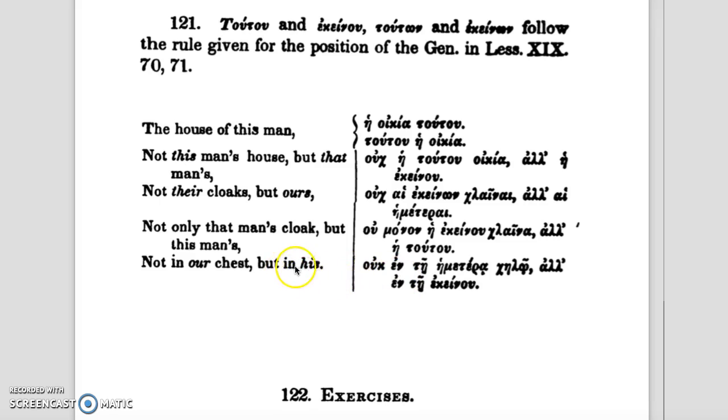Because you would just say in his, you could say in afto, in him, or in aftu, in of him. But we're going to do in the, and when we say in the is doing all the work of te kelo, except we're leaving out the kelo. So we would understand in the chest, ekinu, of that man. So in te ekinu means in the chest of that man, but literally it's like in the one of that one. So in his is a good way to think of it.